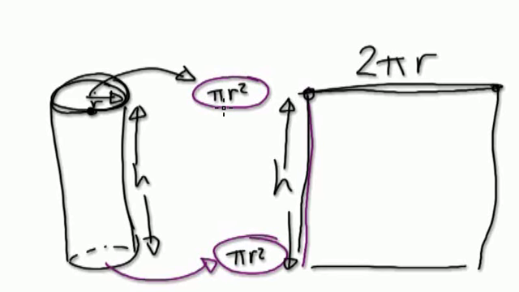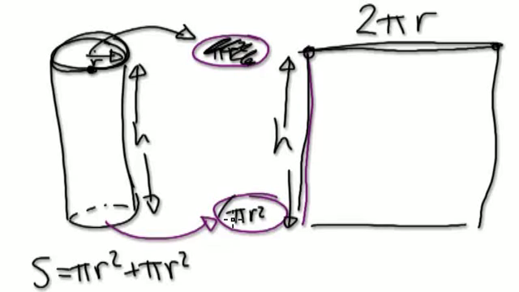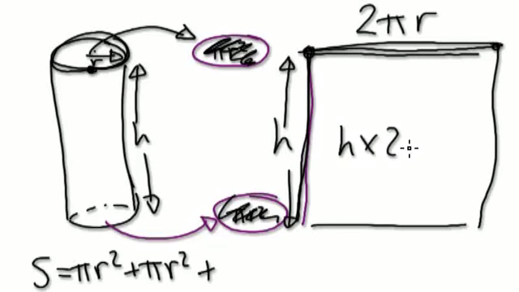So our area, let's use S for surface area, equals pi r squared plus pi r squared. So we are getting this area here plus this area here. Now the area of this sheet here is h times this distance, h times 2 pi r.